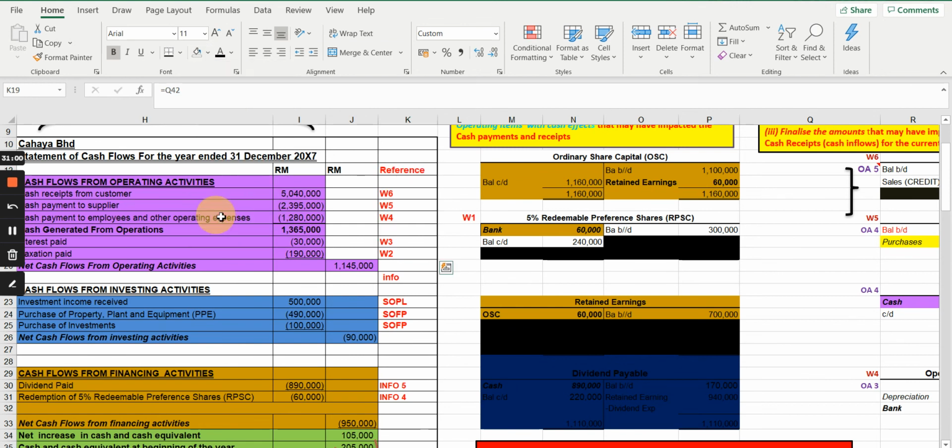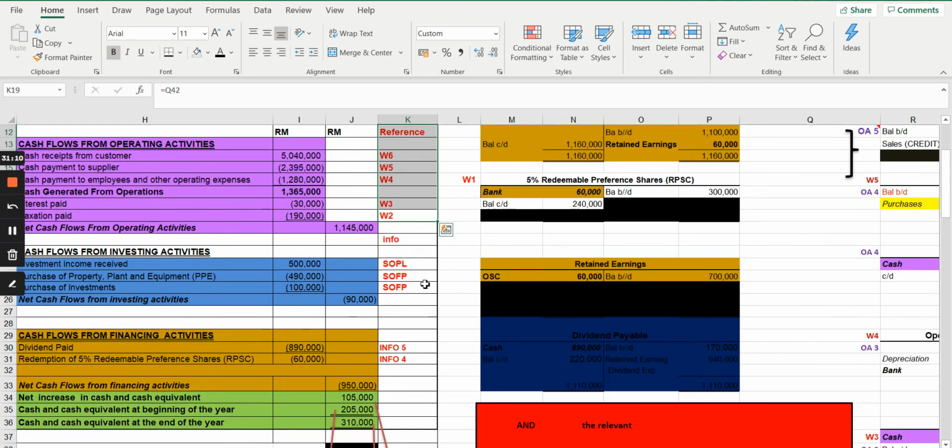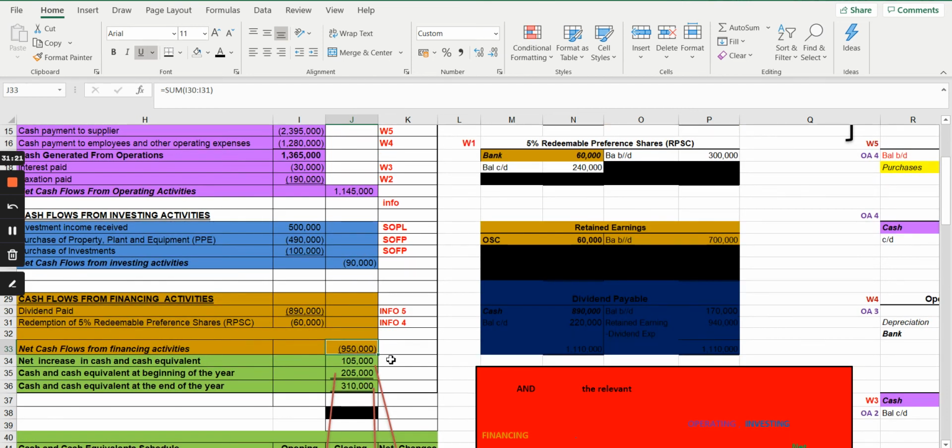Just to show you, you can check later. I have numbered my working. Later you can check the answer, yeah, why the working is being numbered, so that for easy reference. And then if you total up this, this is what I call section 1, right? If you watch my videos, this is section 2, this is section 3. If you total up, it should come back. If you make the total, you can do that here.